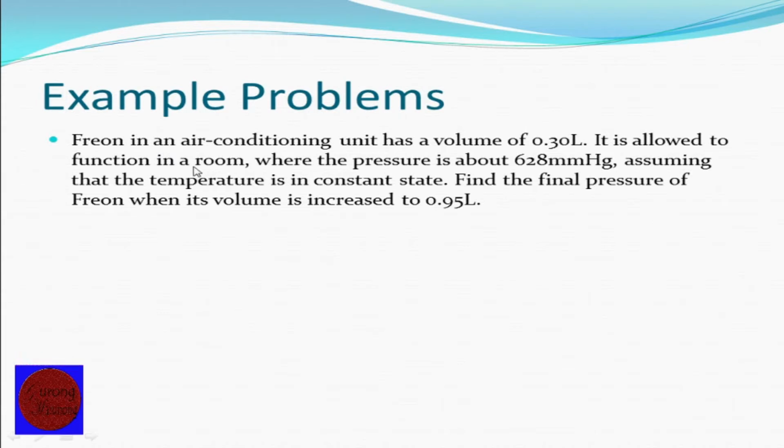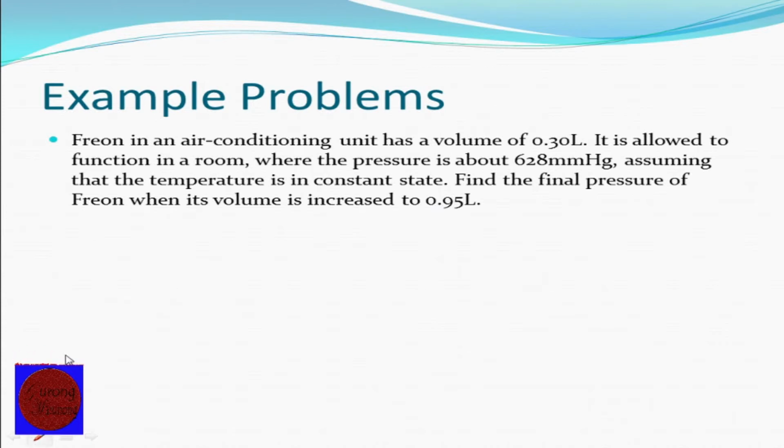It is allowed to function in a room where the pressure is about 628 millimeter mercury. Assuming that the temperature is constant, find the final pressure of freon when its volume increased to 0.95 liters.